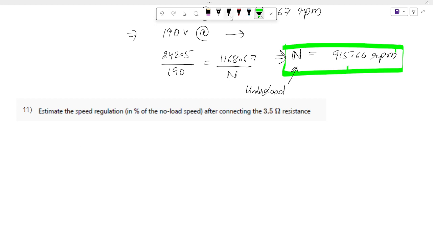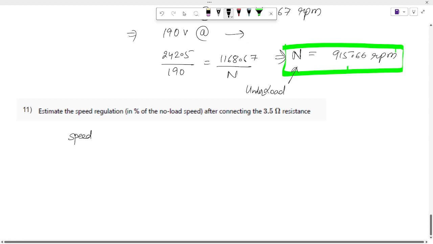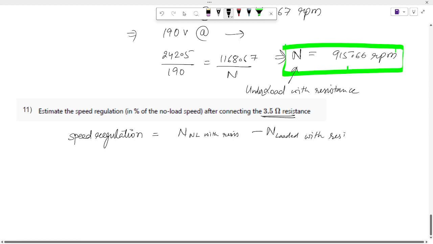So, speed regulation will become N no load with resistance minus N loaded with resistance upon N no load with resistance.